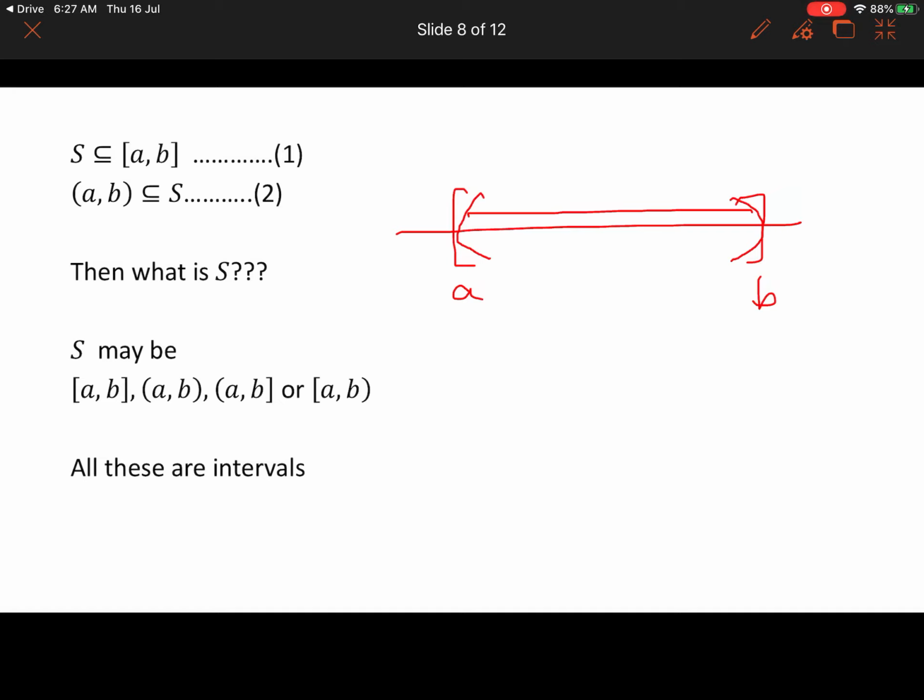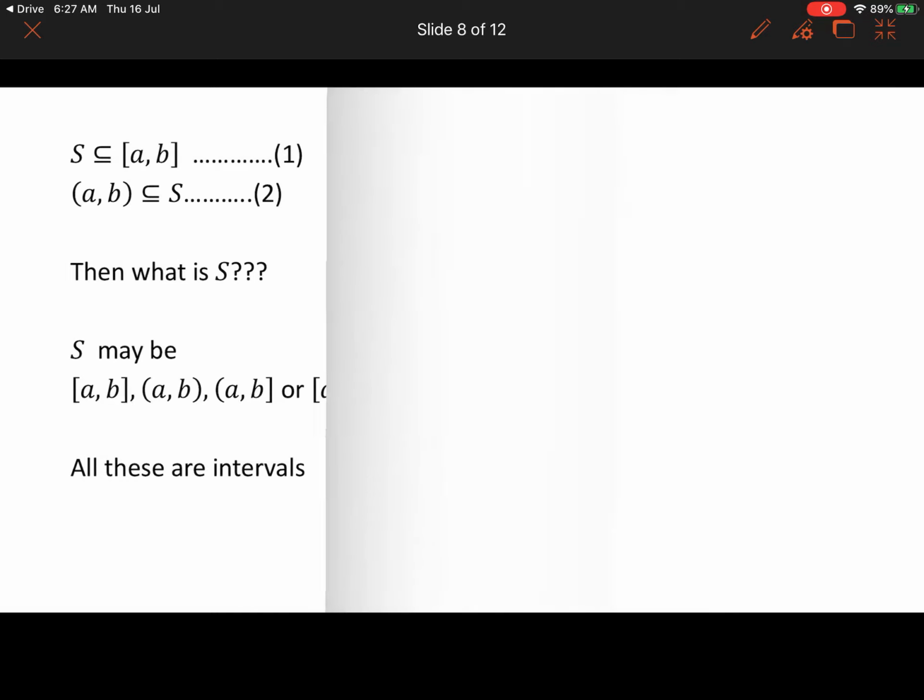Now we got S is either open interval AB or closed interval AB or half closed AB, and all these are intervals, so S is an interval. So case 1 is over. Now let's take case 2.